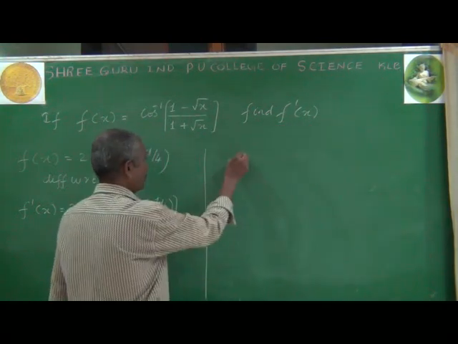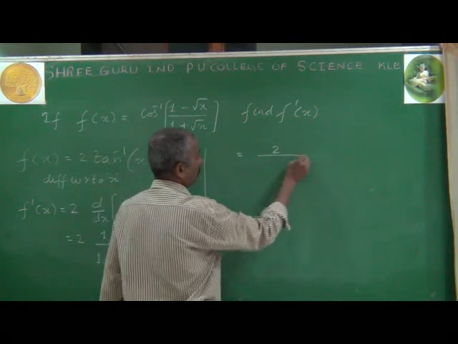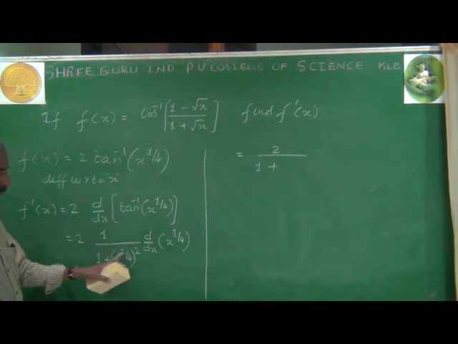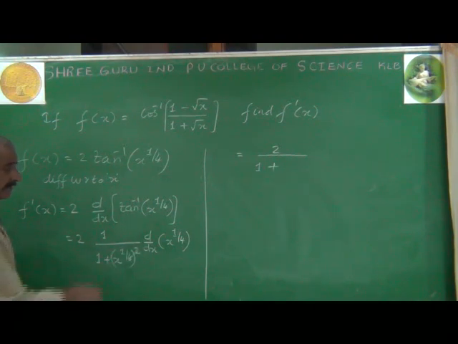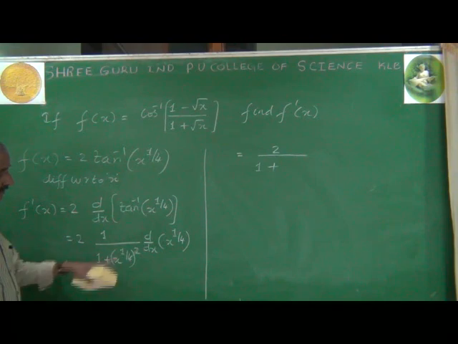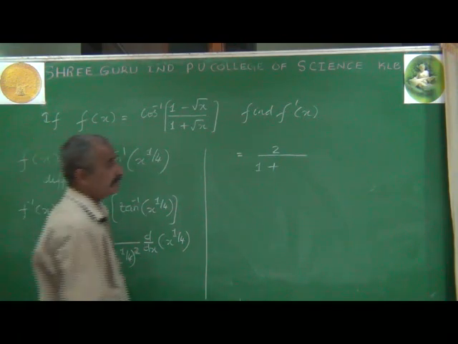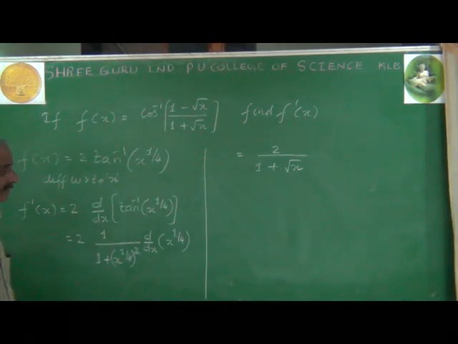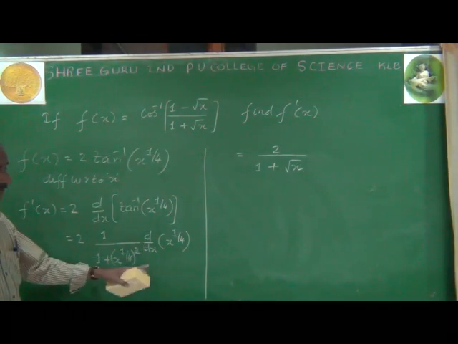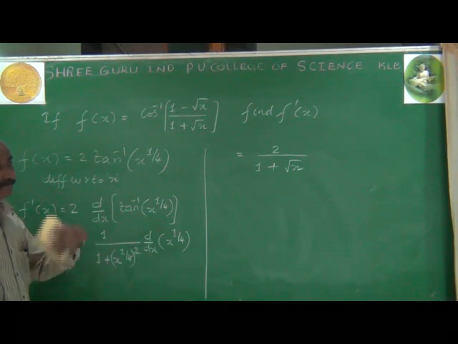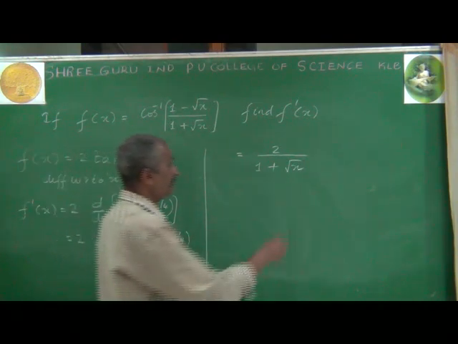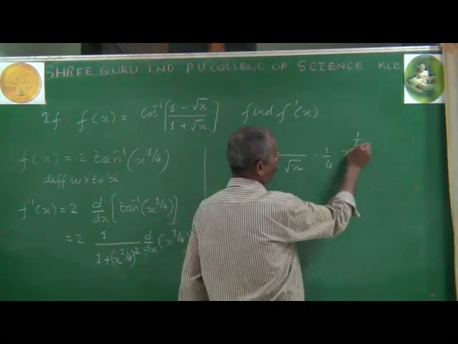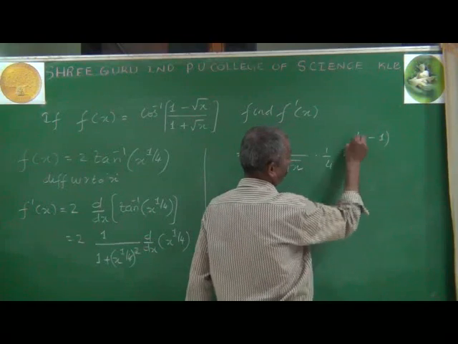Further, that equals 2 divided by 1 plus x power 1 by 4 whole square, that means x to the power 1 by 2, which is the same as root x. Here we have to take up differentiation. It is just like x to the power n, the formula n x power n minus 1, means 1 by 4 into x to the power 1 by 4 minus 1.